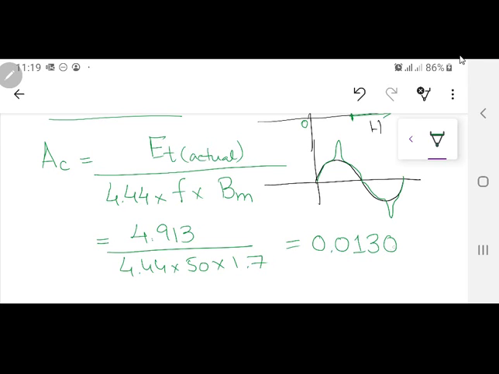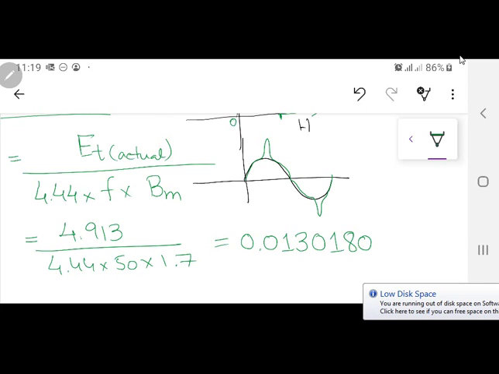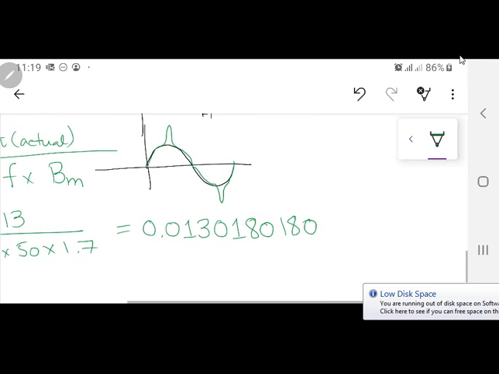This comes to 0.0130180. What are the units of this? Area, what units? Meter square, because I am working in SI units, so this will be meter square.